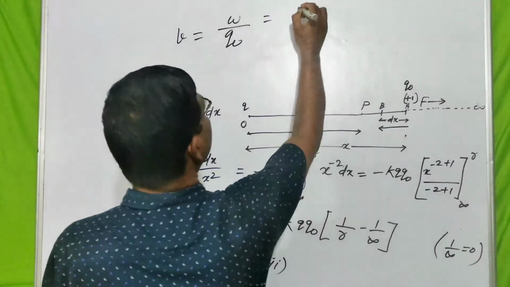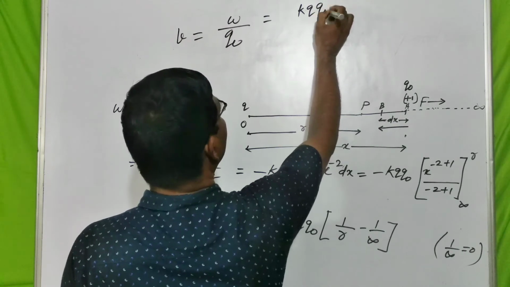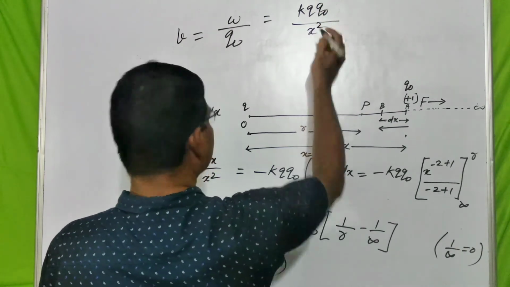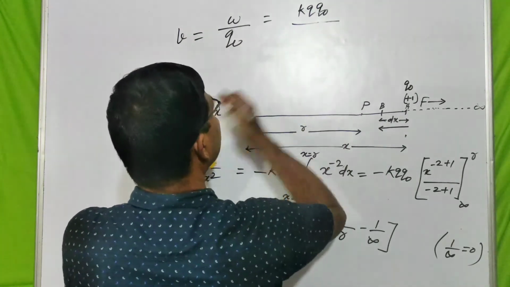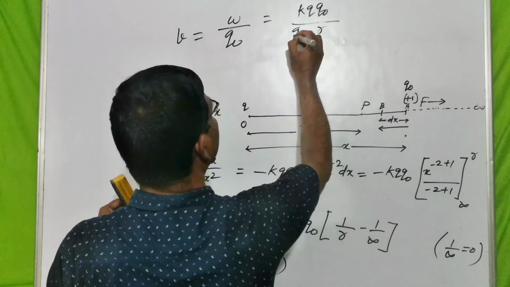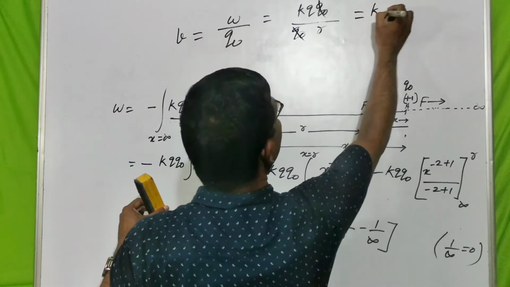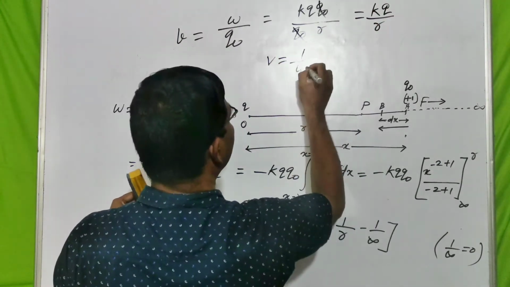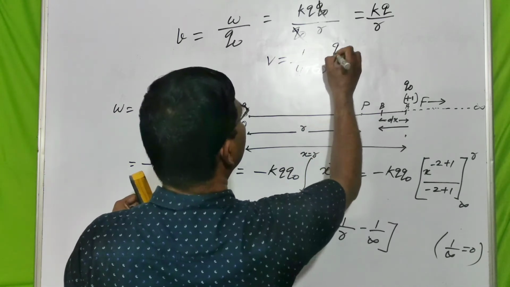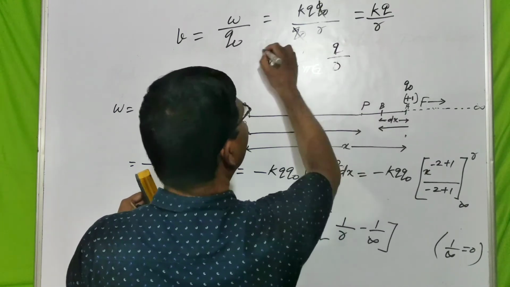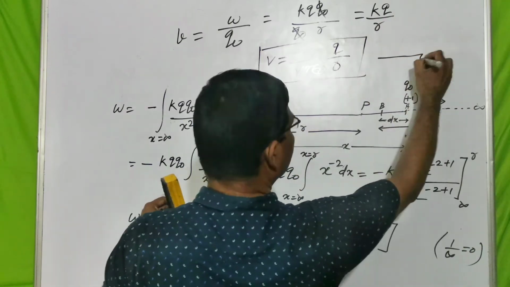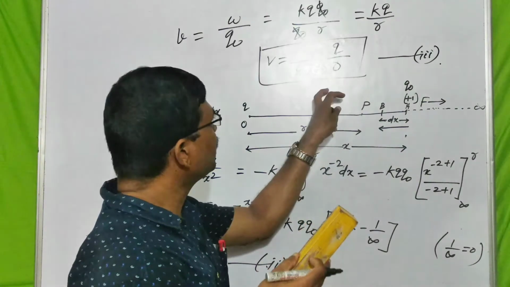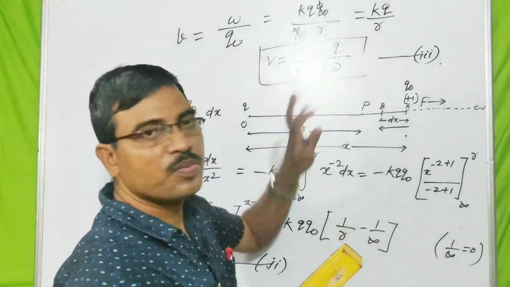So W is equal to k Q naught by r, sorry, this is r. So Q naught cancels, k Q by r. So you can write 1 by 4 pi epsilon naught Q by r, in place of the k value. Suppose this is equation 3. So this equation 3 represents the electric potential due to a point charge.